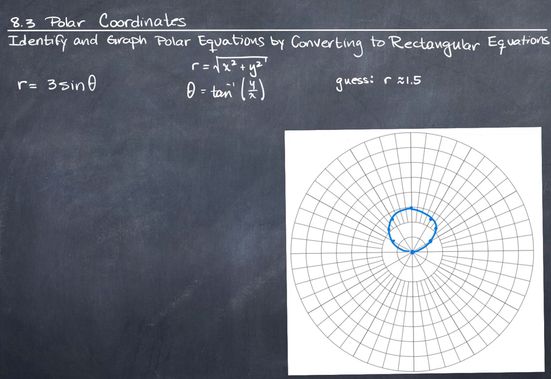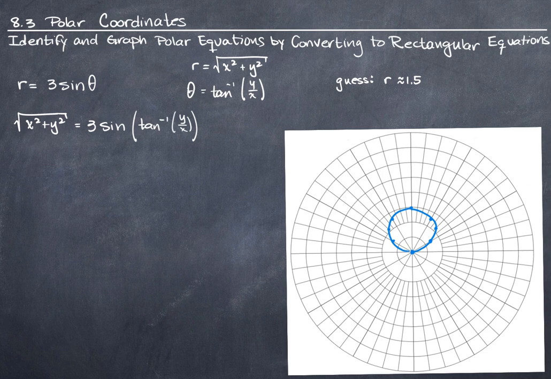So I'm going to now rewrite this equation using those two descriptions. Instead of r, I'm going to write the square root of x squared plus y squared equals 3 times the sine of, instead of theta, tangent inverse of y over x.